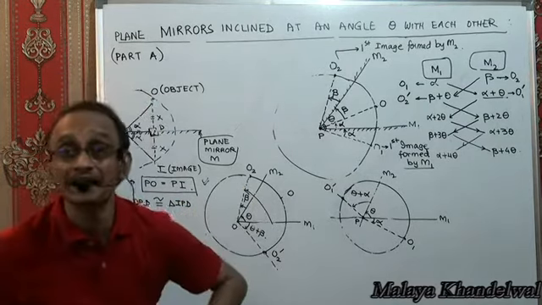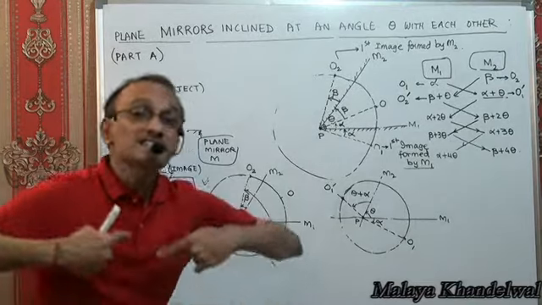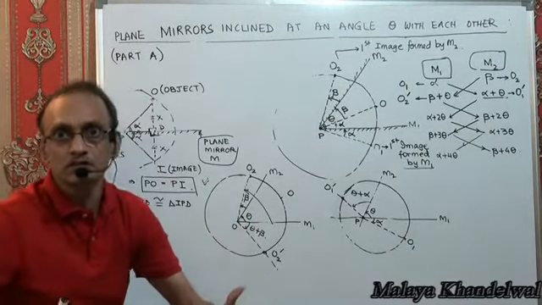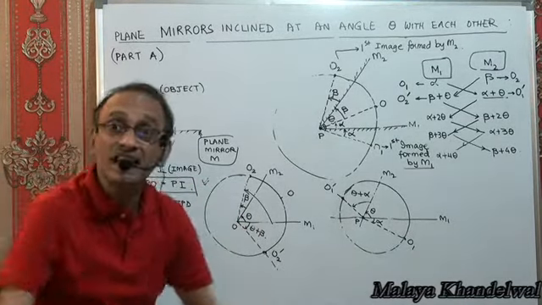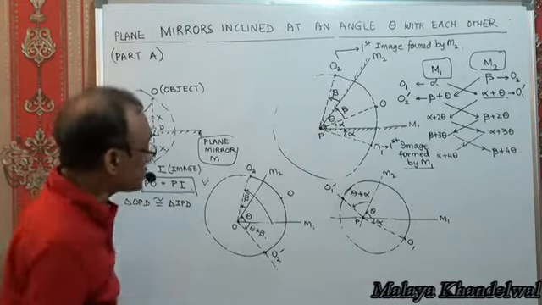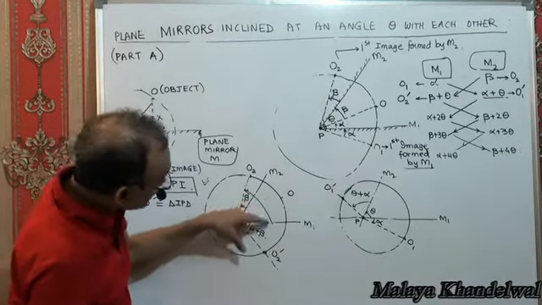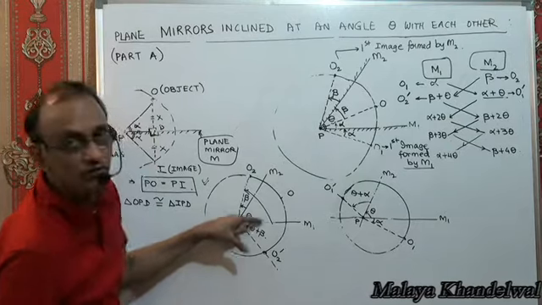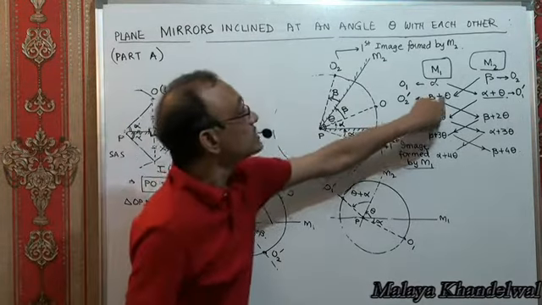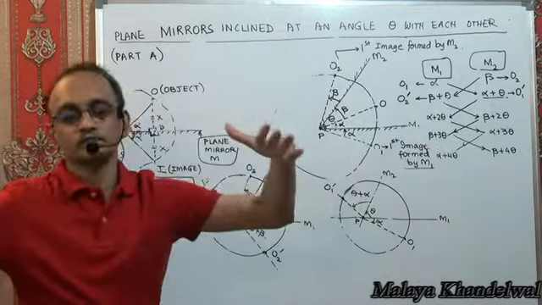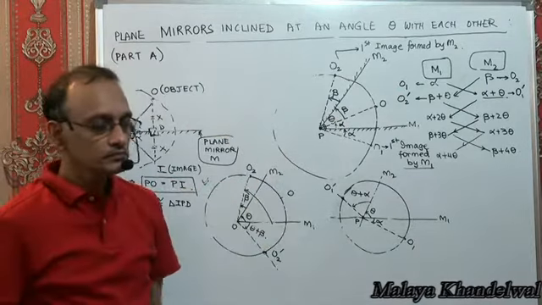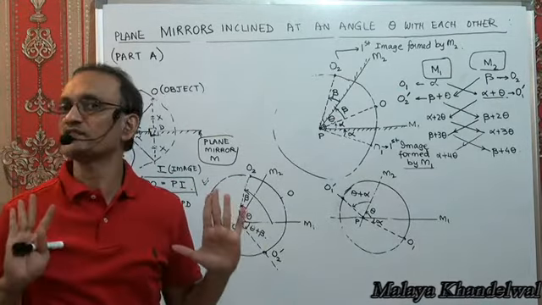So M1 will then form its next image out of its second reflection, which is theta plus beta from here, right? Theta plus beta, which is the second image. Yes or no? So what has happened? We've arrived at a rule.